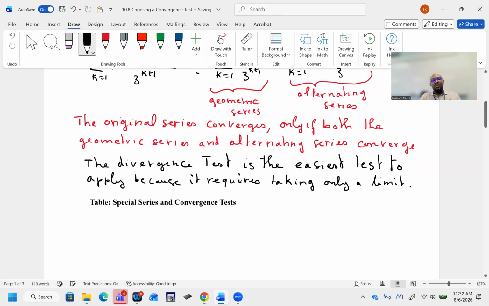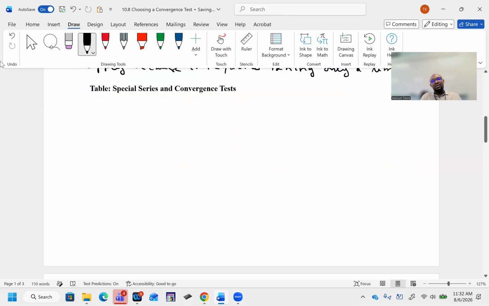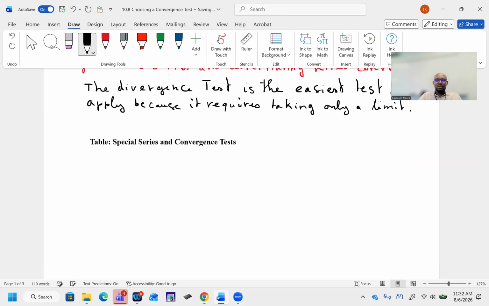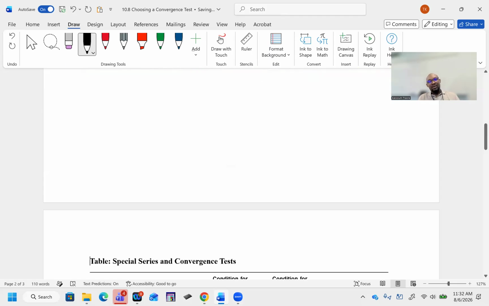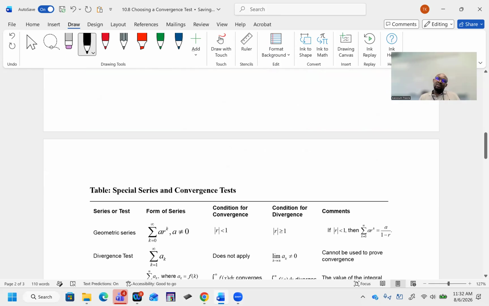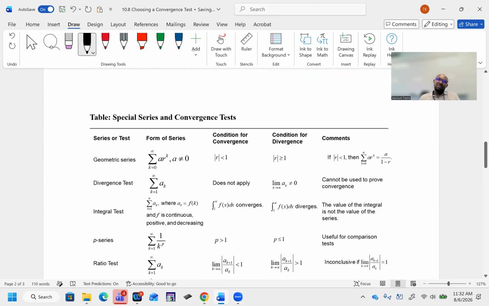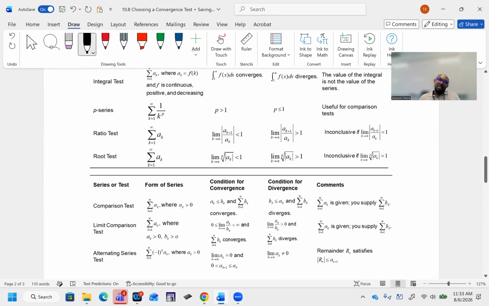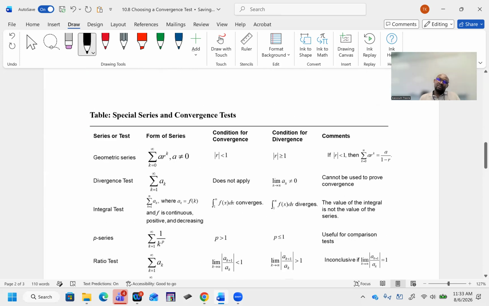Okay. So after that, now let me give you the table for some special series and convergence tests. So you have this table. Please take your time, read and understand it.